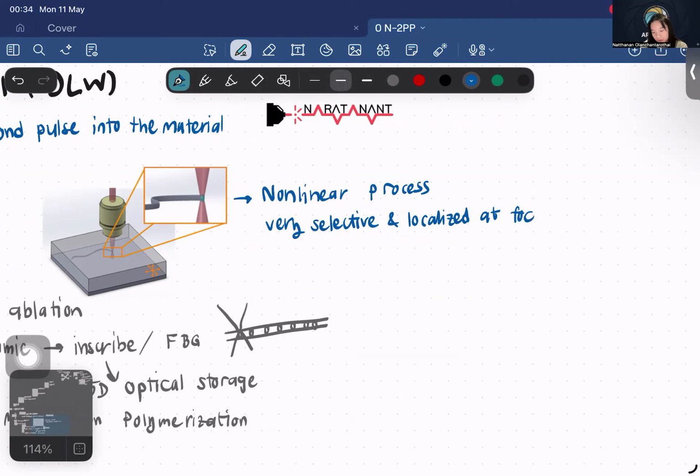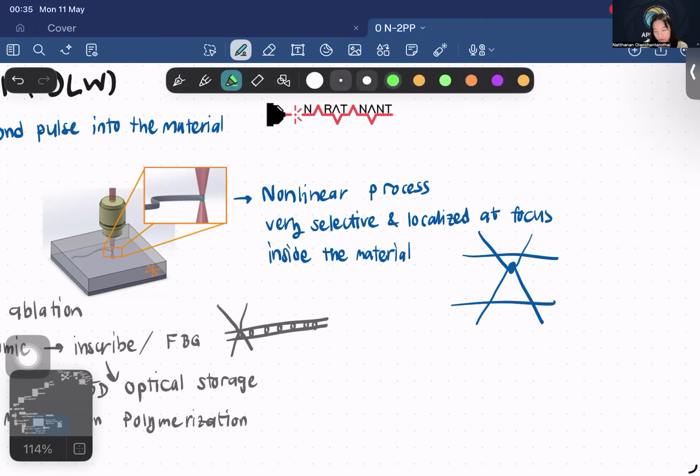And it can happen inside the material without other areas being affected.